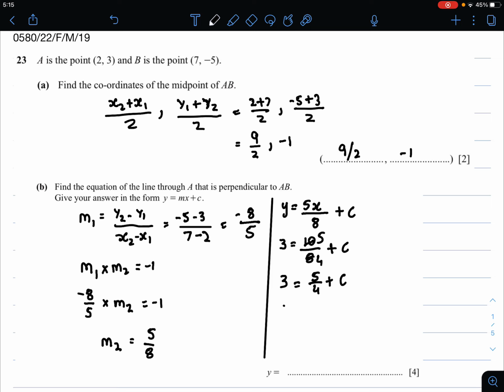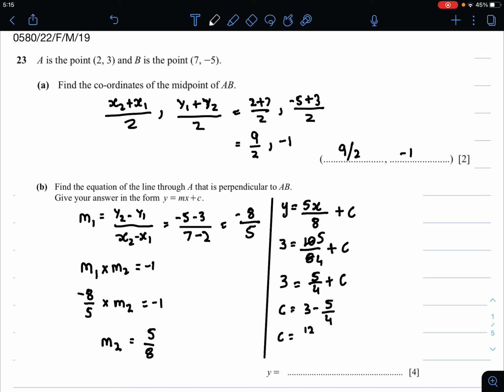And you can take 5 by 4 to the other side of the equation. So when you take positive to the other side of the equation, it becomes negative. So 3 minus 5 by 4. Now to do this calculation, you need to take the LCM, as you want to leave your answer in the fraction form, not in a decimal form. So what you do is you multiply 3 with 4 as well.